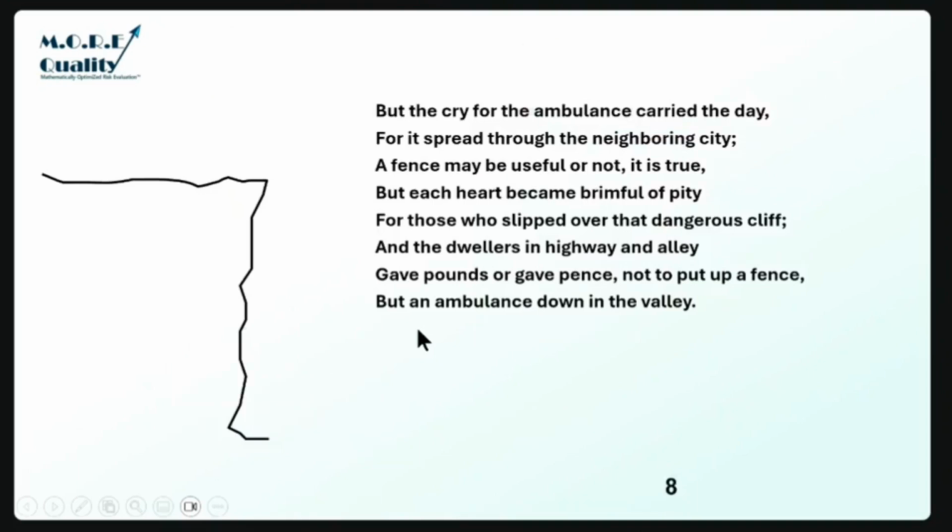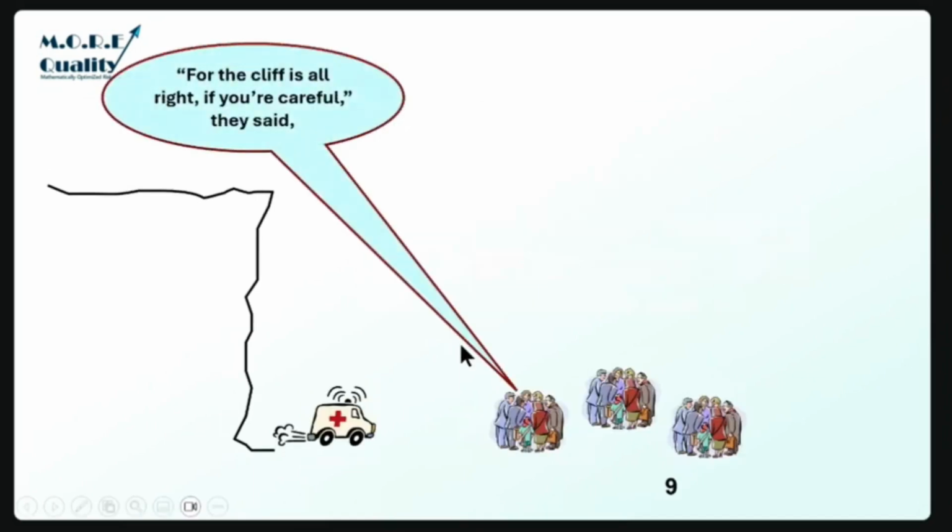But the cry for the ambulance carried the day, for it spread through the neighboring city. A fence may be useful or not, it is true, but each heart became brimful of pity for those who slipped over that dangerous cliff, and the dwellers in highway and alley gave pounds or gave pence, not to put up a fence, but an ambulance down in the valley.